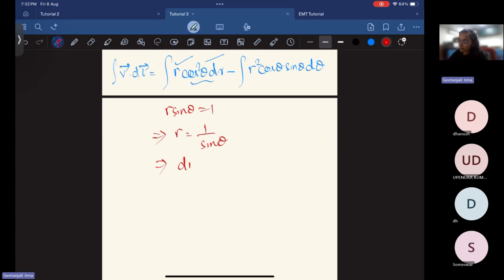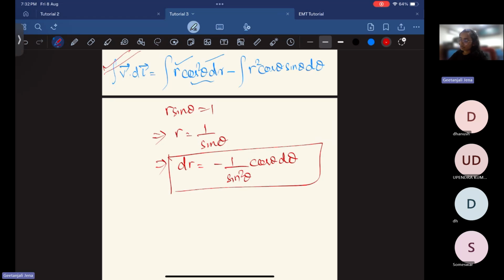So dr will be minus 1 by sine square theta cos theta d theta. So you need to substitute this in the integration.